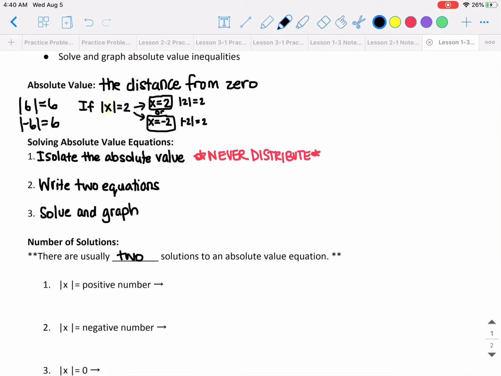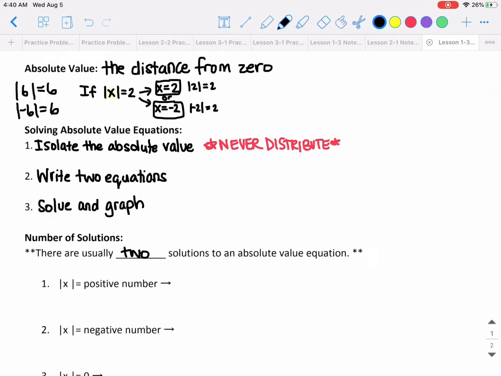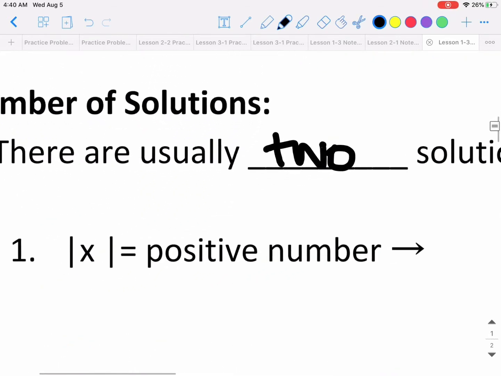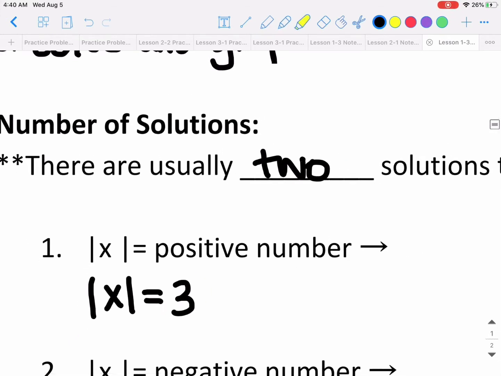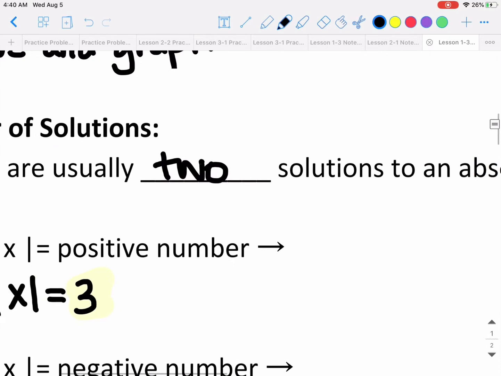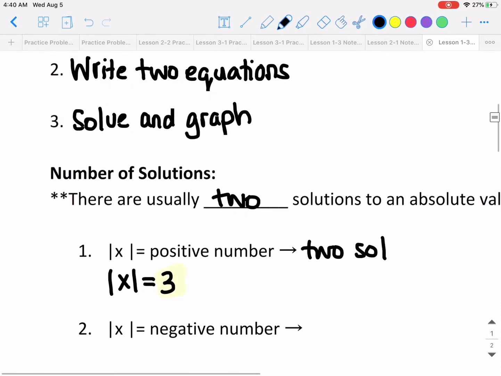That is the case when you have the absolute value of something equal to a positive number, something like the absolute value of x is equal to 3. If I see a positive number on the opposite side of the absolute value, it's going to tell me that I have 2 solutions.